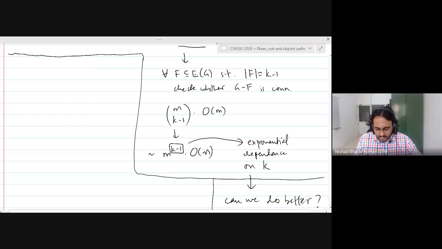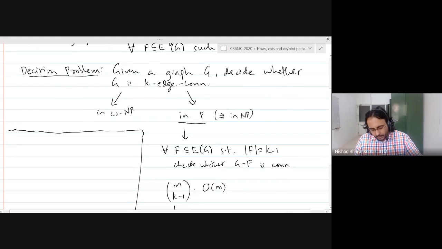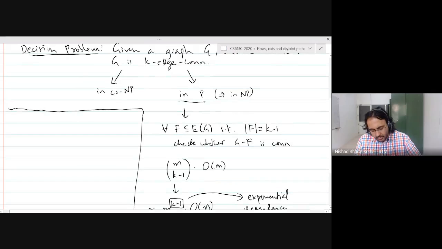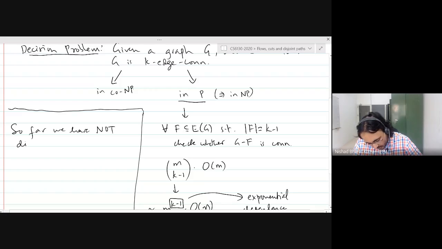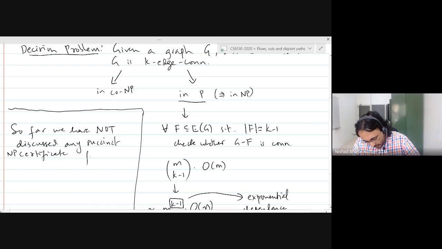Okay. Good. So part of the problem is that so far we have not discussed any sort of succinct certificate, an NP certificate, for the above decision problem.